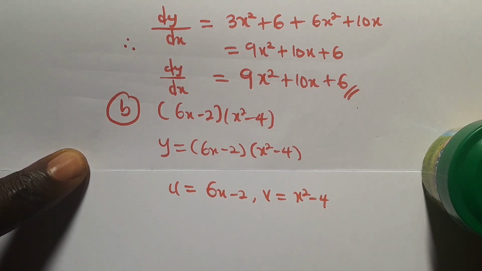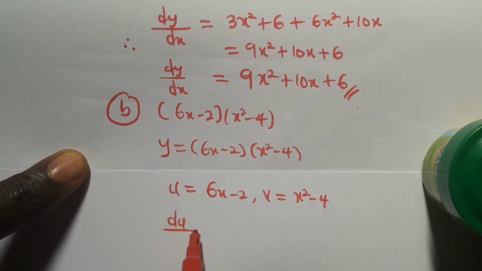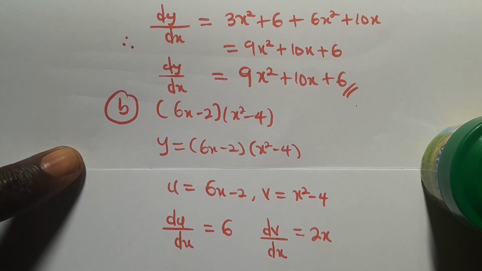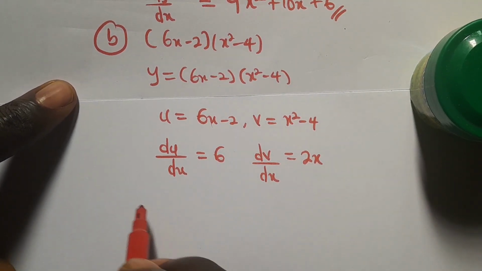Now by differentiating function u with respect to x, we have du/dx equals 6, because the differential of 6x will be 6. By differentiating function phi with respect to x, we have it to be 2x. The first derivative of x squared will be 2x.